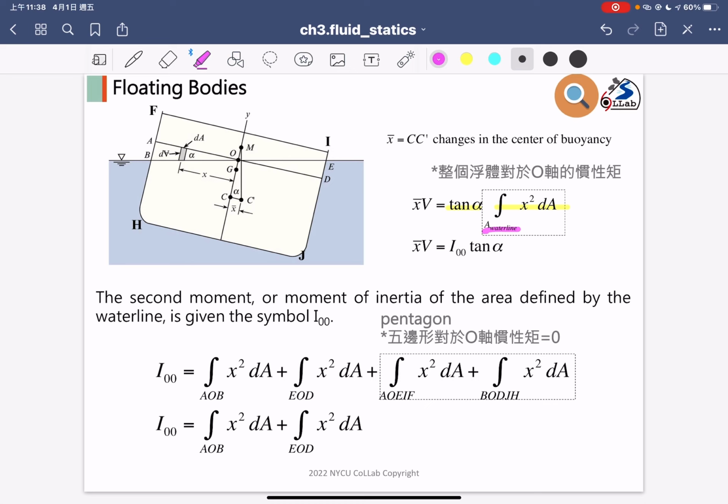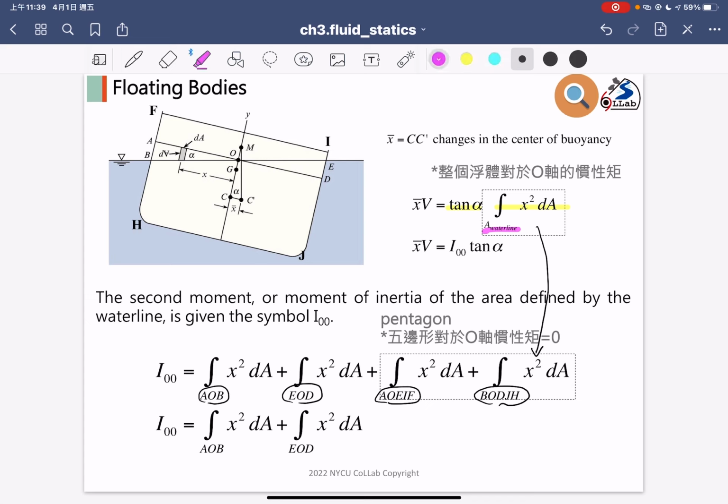So that means where your body crosses over with the liquid surface. This is the water line surface. So we know that this item can be expanded, as follows: we have the AOB, EOD, AOEIF, and the BODJH.